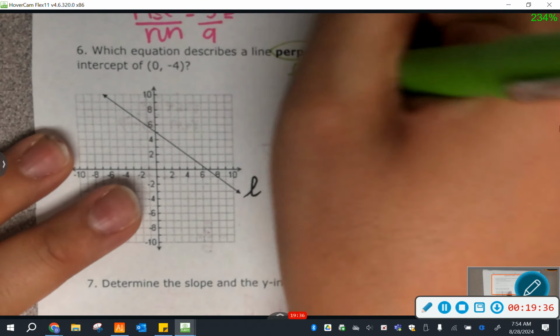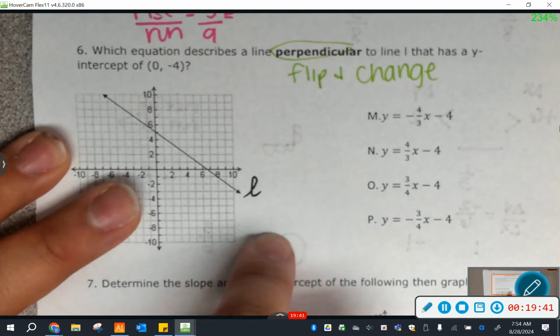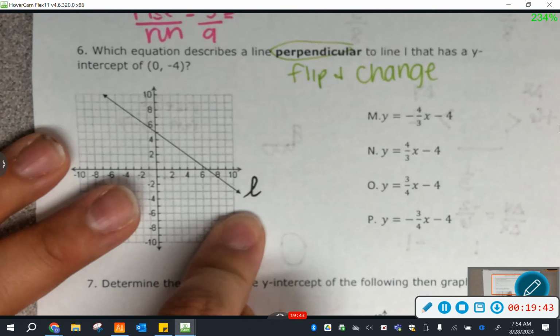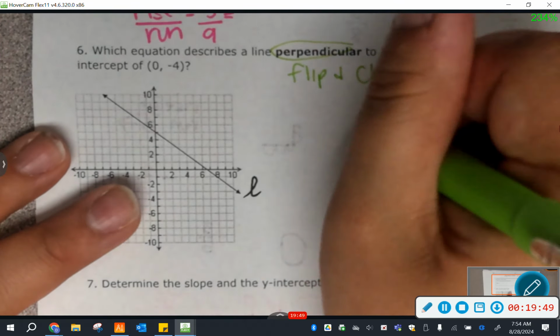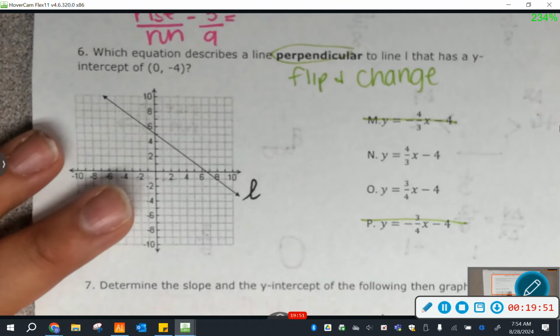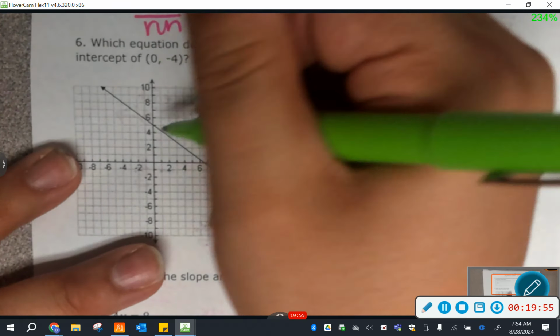Flip and change. Now, because it says perpendicular, what line is this? That is a negative. Am I going to want a negative slope for my perpendicular? No. So can I eliminate the negative slope ones? Absolutely.